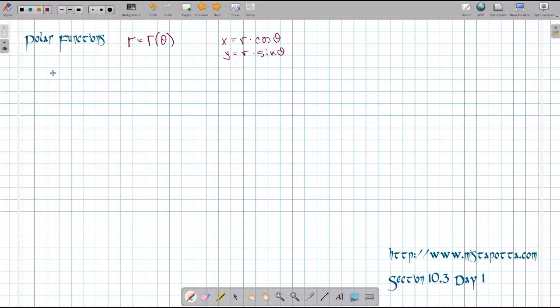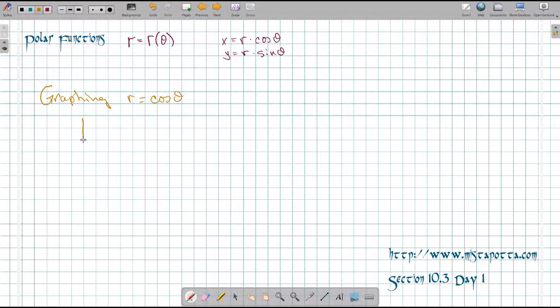So if I wanted to go about graphing a function, let's say I wanted to graph r equals cosine of theta.